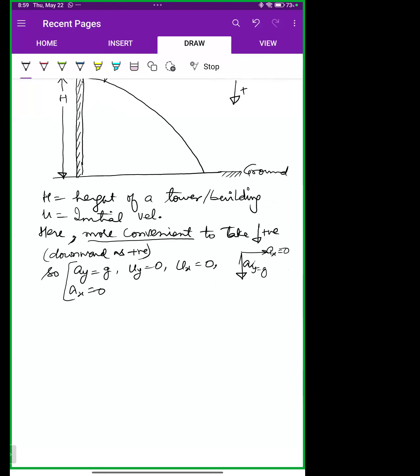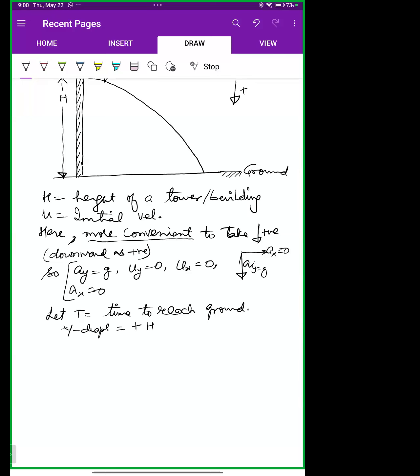So let t is equal to time to reach ground. Y displacement is equal to h, plus h. You know now why it is plus h. The body is going downward, but the displacement is positive because downward has been taken as positive.